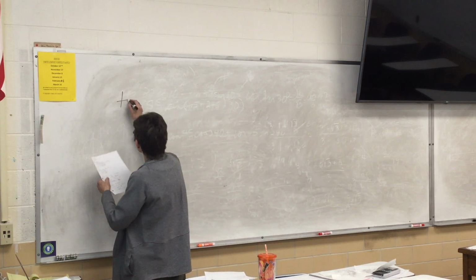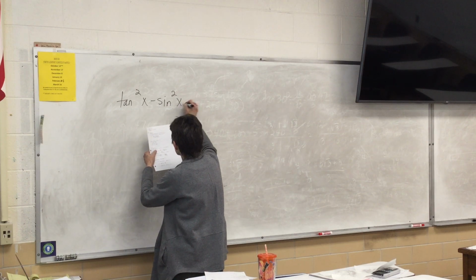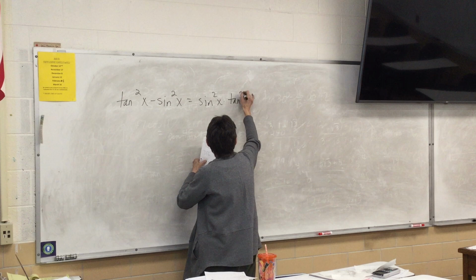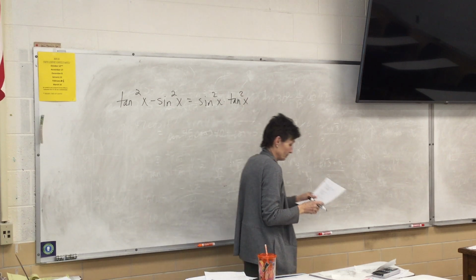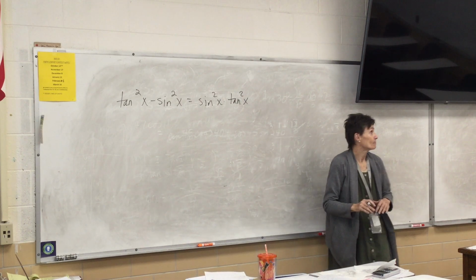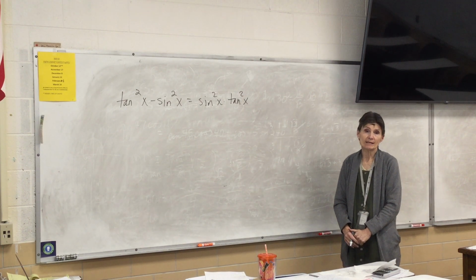What I've got written down here to practice is tangent squared minus sine squared equals sine squared times tangent squared. And the directions say verify. Okay, verify. That means show that it is true.